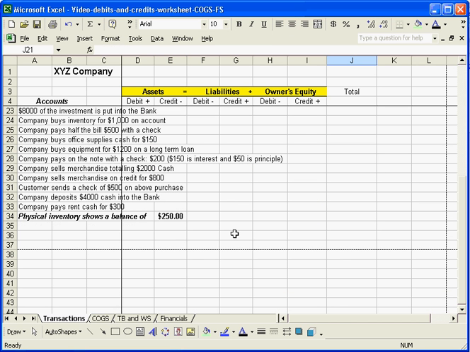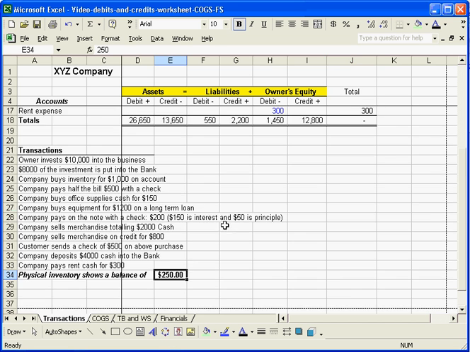Now, physical inventory shows a balance of $250. So we've had a pretty good period. Let's assume that this whole scenario, all these transactions, took place over a 12-month period. And that's not too bad. This is a brand new business, and now you're going to sit back and we're going to try to organize all these transactions and put them together into something that makes sense.